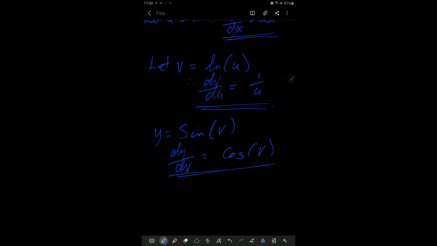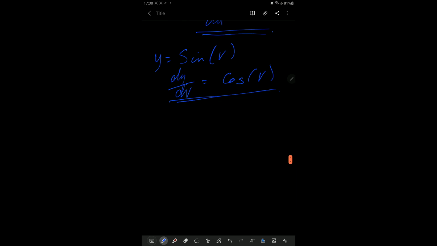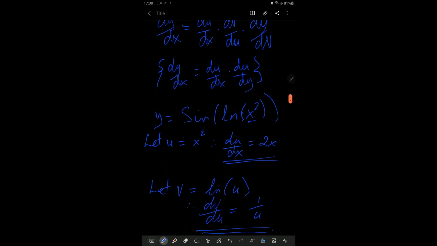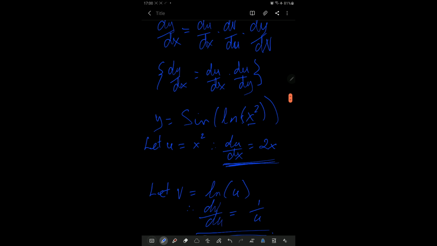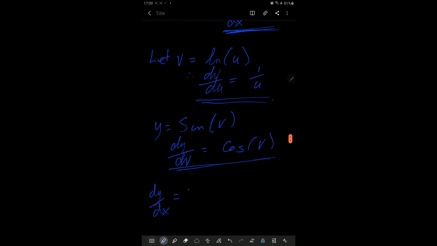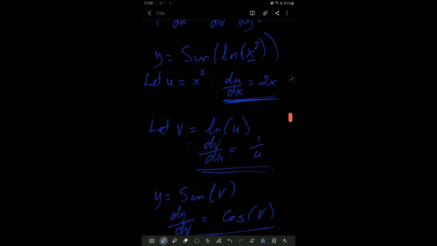Okay, that's straightforward enough. So, what's dy dx? Dy dx equals, looking back at our formula up here, du dx. So du dx is 2x, so we have 2x multiplied by the next one, dv du.